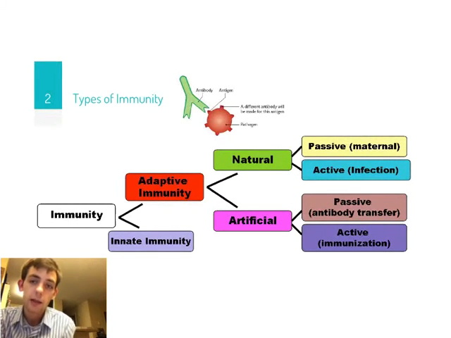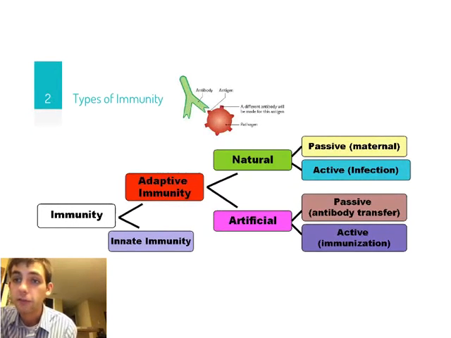exposure to a pathogen. Artificial adaptive immunity, passive, would be antibody transfer, so that's taking antibodies from several individuals and putting them into someone. For example, people can receive a shot of something called gamma globulin, which helps boost their immune system.